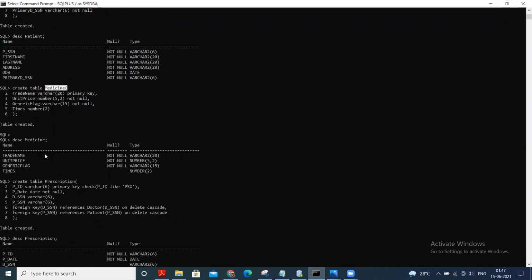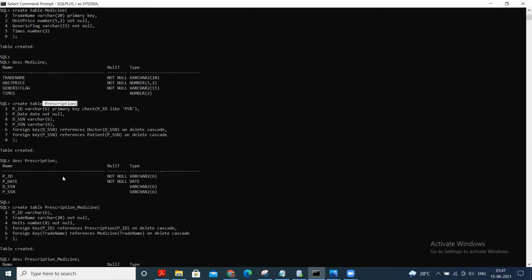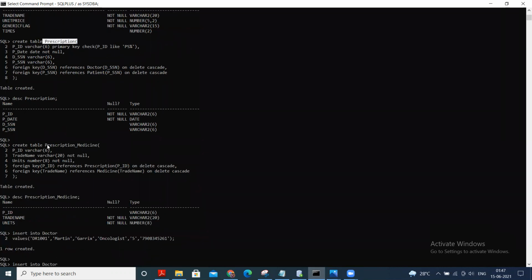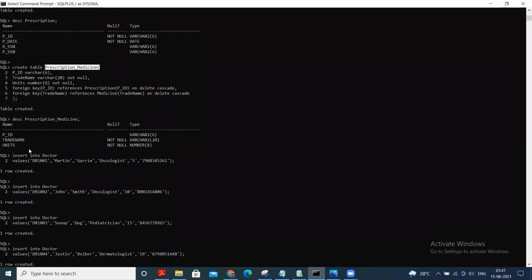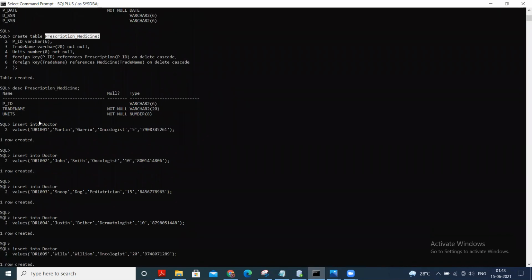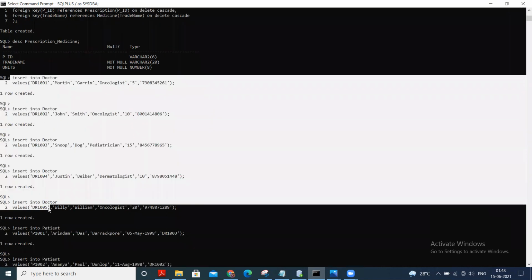In the same way, the prescription table is created, and prescription medicine has been created. Then value insertion. So these five rows are for the doctor table.